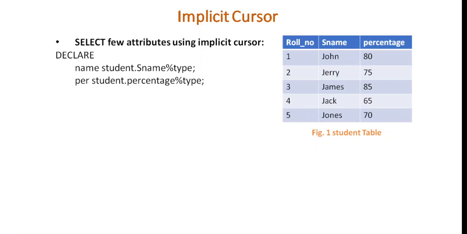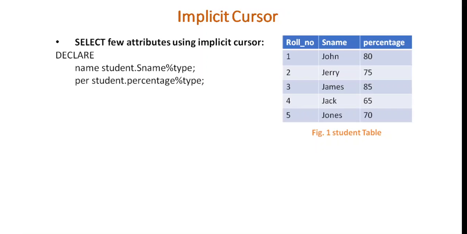Name is a variable declared in the PLSQL block, and I want to access the names of all students from the student table into that name variable. So the data type of this name variable must be equal to the data type of the attribute in the student table, because we are fetching data from the sname attribute into the name variable.